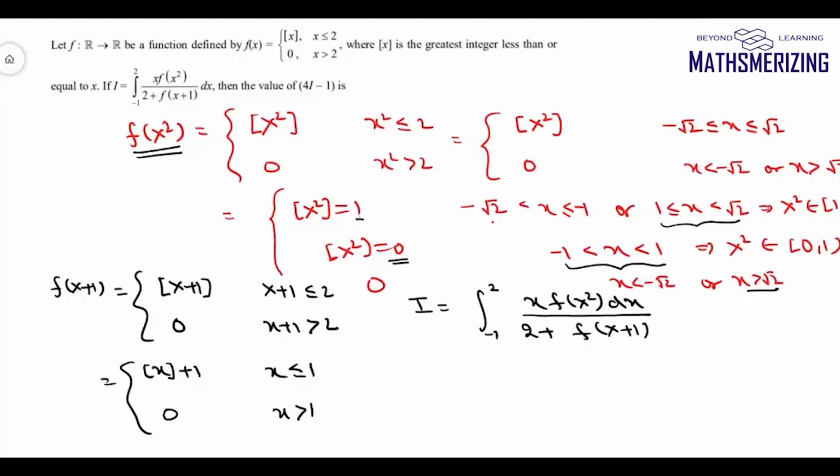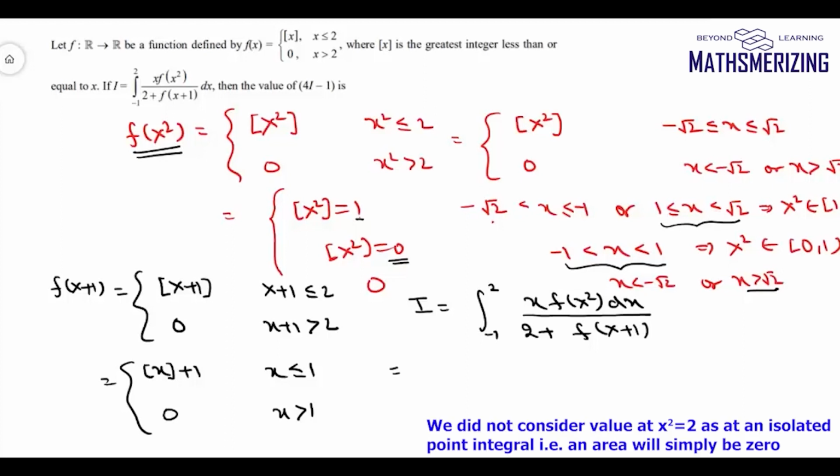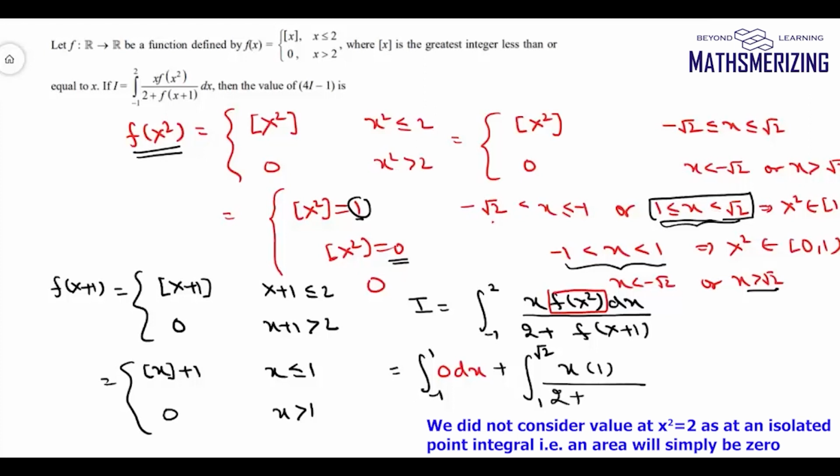So I'll split this question into 3 parts. First, from minus 1 to plus 1, the value of f(x²) is nothing but 0, so this is simply 0 dx. Plus, between 1 and root 2, the value of f(x²) is simply 1, so it will be x times 1 upon 2 plus f(x+1).